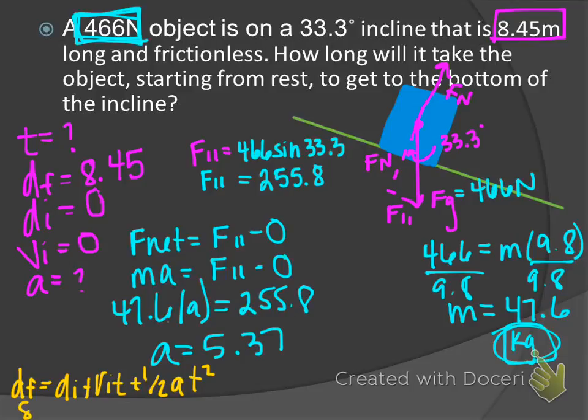Okay, so you would say 8.45 equals 0 plus 1/2 times 5.37 times t squared. Okay, acceleration here is positive because it's going in the positive direction.